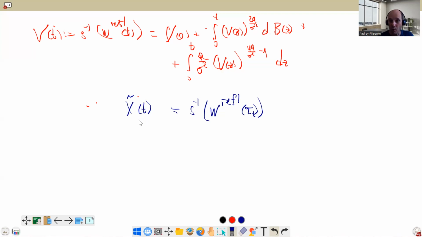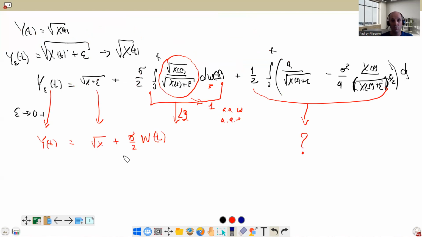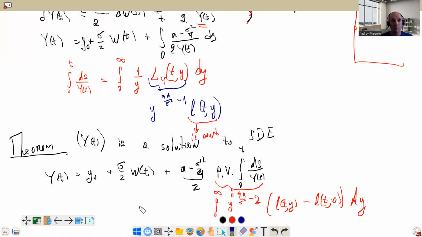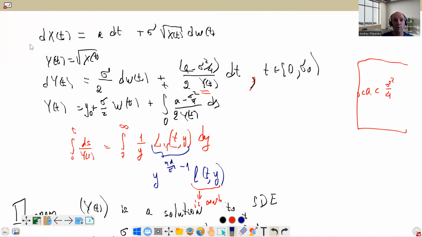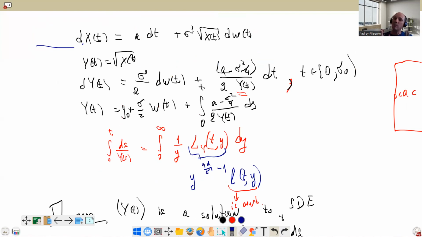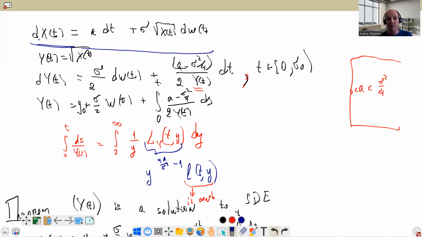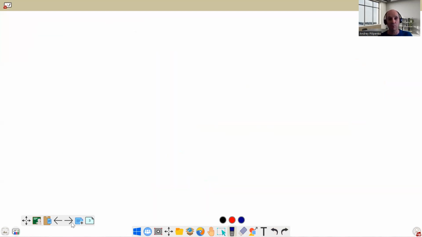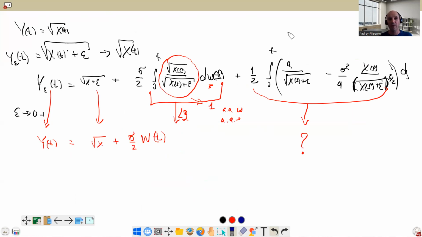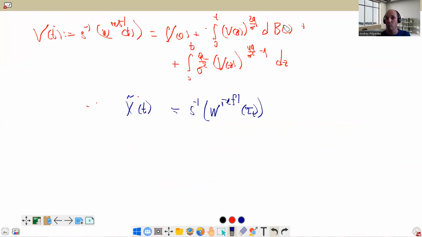Then this process is a solution to a stochastic differential equation of this form, where W is some Wiener process. So another, it is not this B, but another Brownian motion.